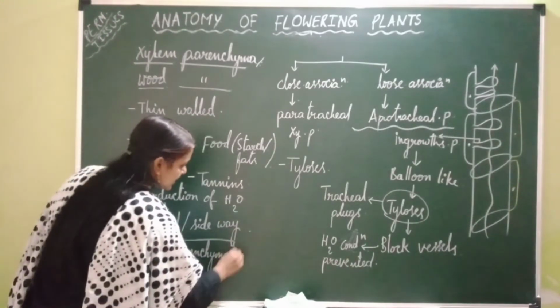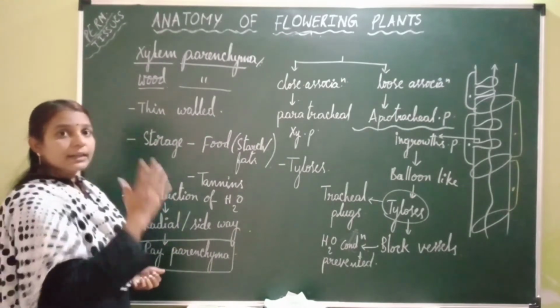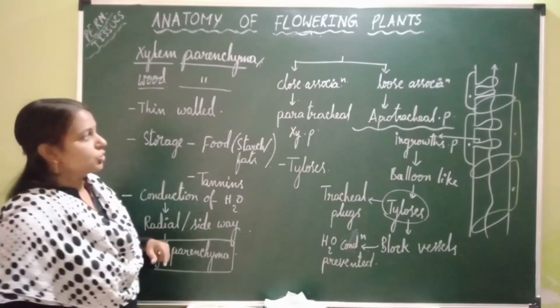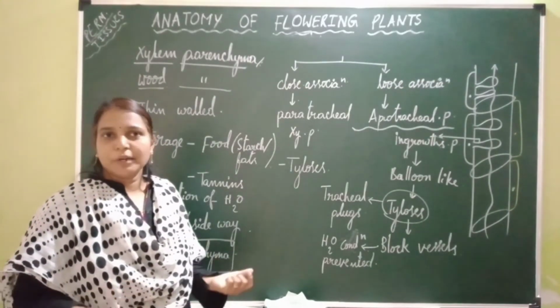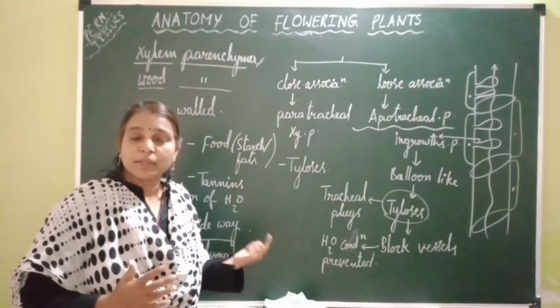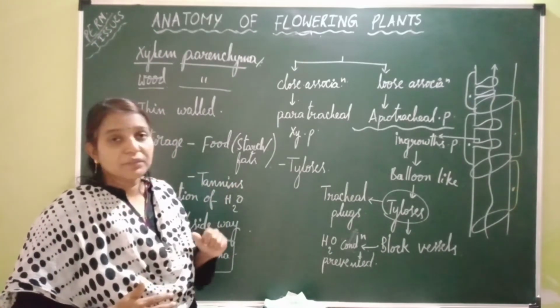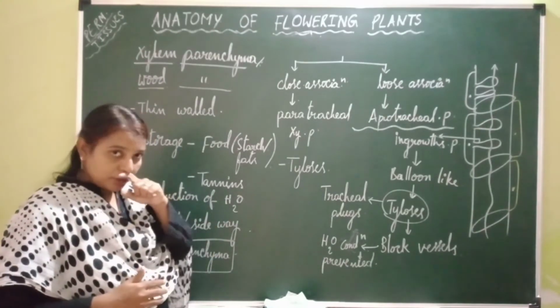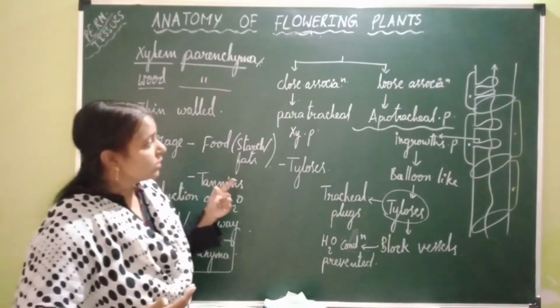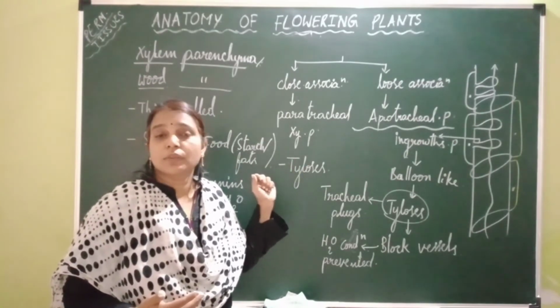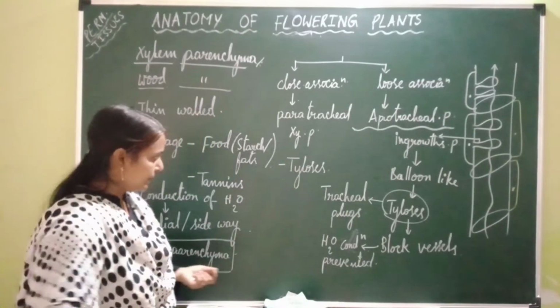Whereas vessels and tracheids are involved in vertical conduction of water, ray parenchyma is involved in sideway conduction of water. This xylem parenchyma is of two types on the basis of its association with vessels present in xylem. If there is close association, that is called paratracheal xylem parenchyma. If there is loose association with vessels, that is called apotracheal parenchyma.